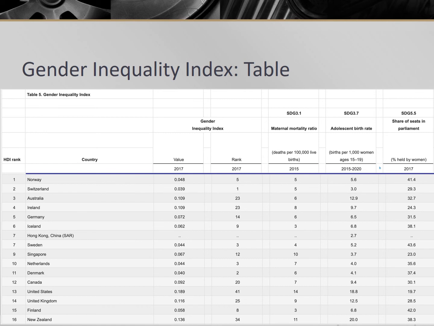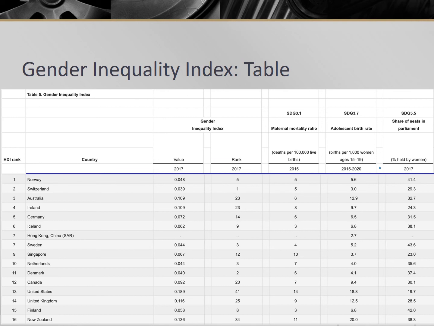What that means is that there is a 49.3% loss in potential human development due to gender inequality in Guatemala, compared to only a 4.4% loss in potential human development in Sweden. Essentially, the lower the number is, the greater gender equality is. And the higher the number is, the more potential human development is lost due to gender inequality.